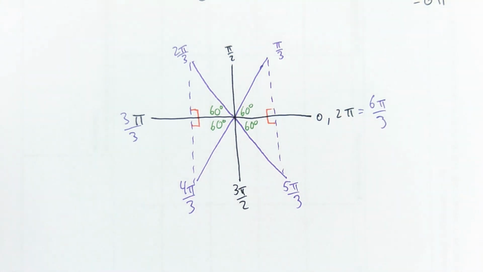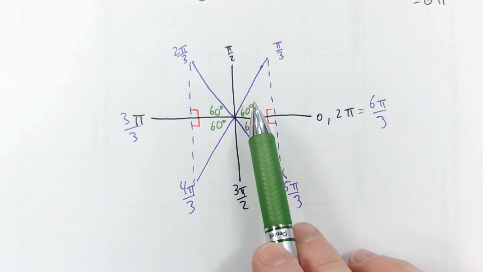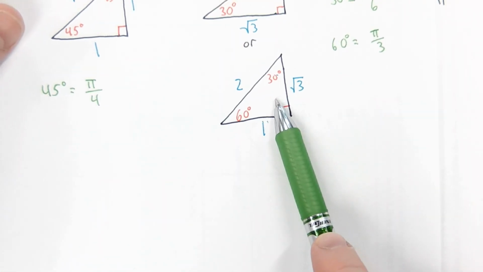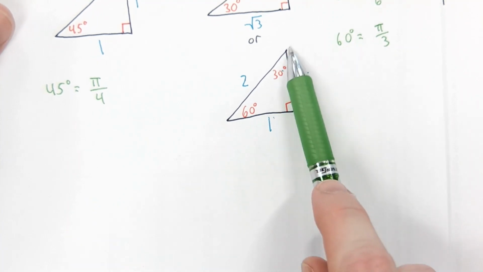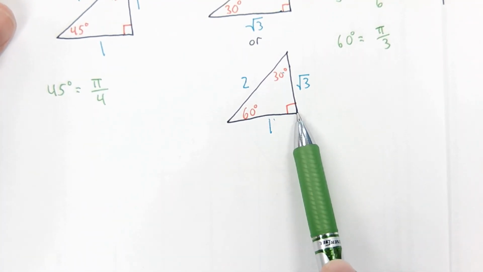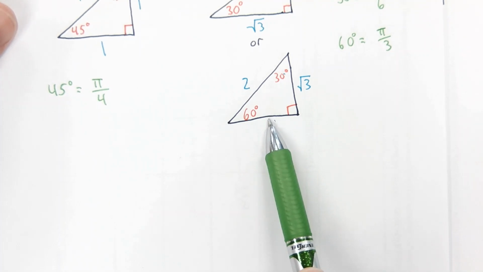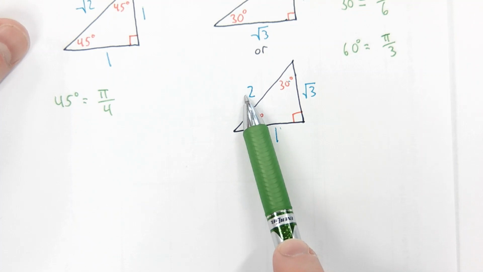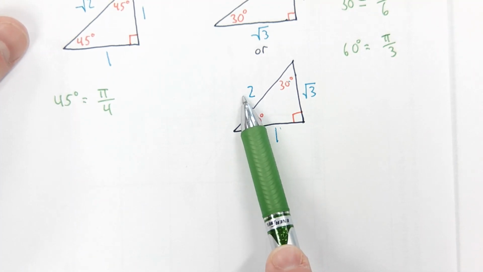Now, obviously that means the leftover angles are 30s, but I'm not going to write those in because all I care about is the size of the reference angle. And now I can fill this thing out with the same numbers that I put on this triangle, with the root 3 in the vertical y position, with a 1 in the horizontal x position, 2 in the hypotenuse, better known as the radius position.